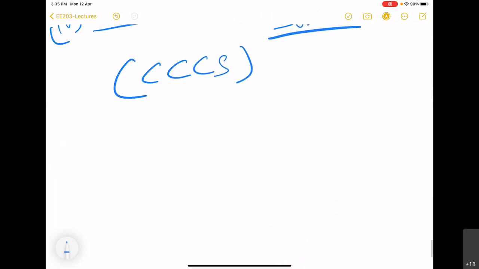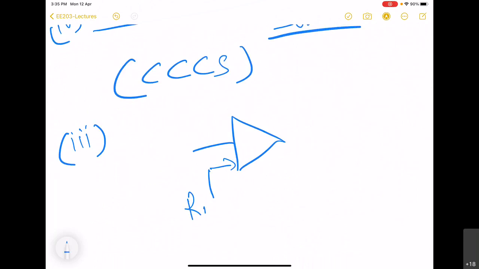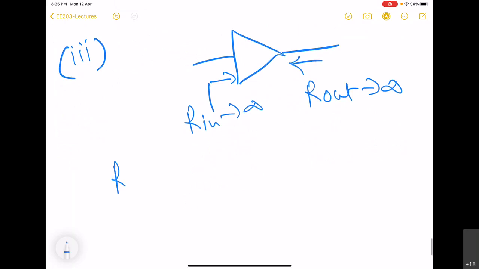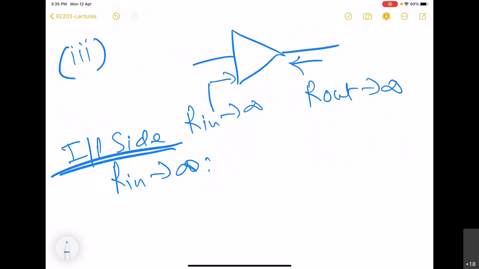Now we can see the remaining one, that is, say, the third one, where what we had is Rin is infinite and Rout is also infinite, right? So we have seen that whenever we have Rin infinite on the input side, if you have an amplifier with this condition, it will always sense voltage.